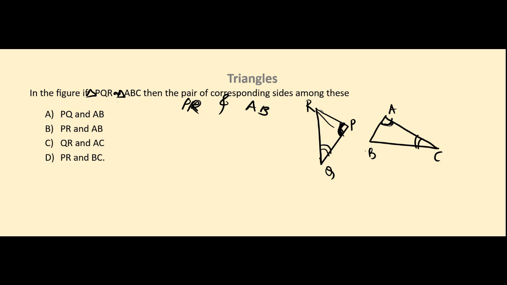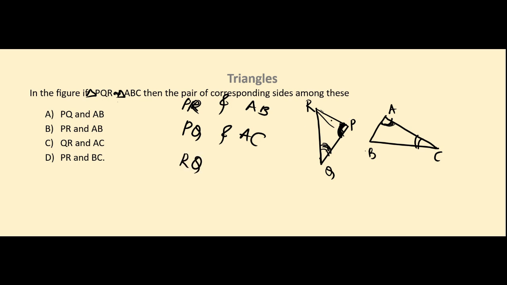And the next pair, we can write it as PQ. See here, PQ has one angle, this P, and two angles are present, that is Q. Here one angle is in this triangle, that is A, and similar to this Q, here it is C. And another side, in this R, here RQ.